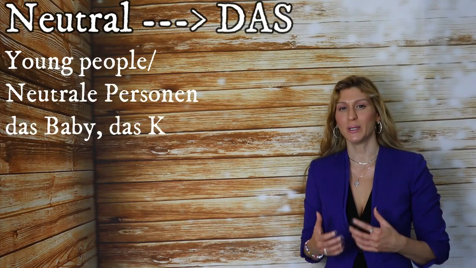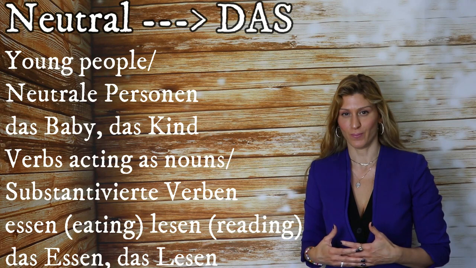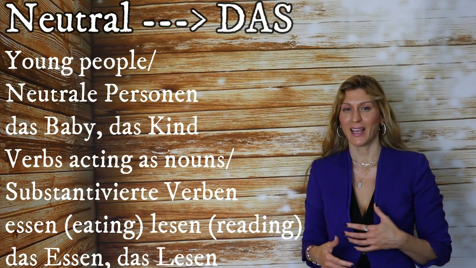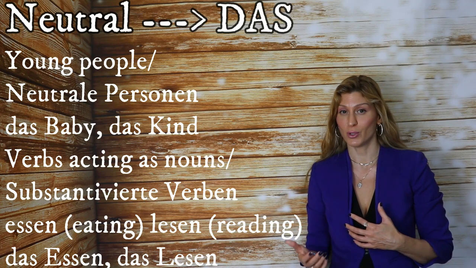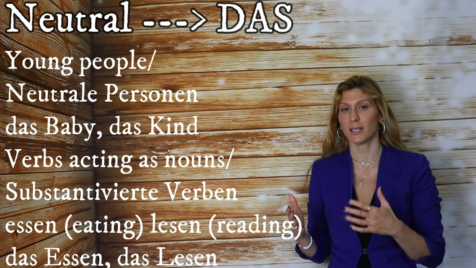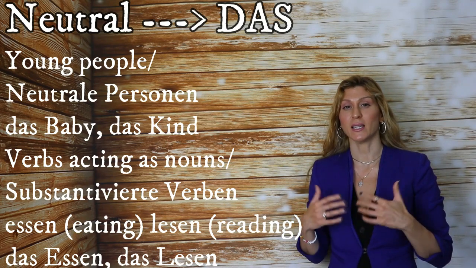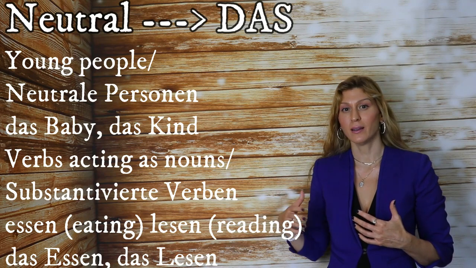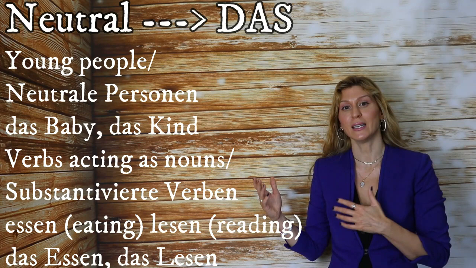So let's continue with neutral, neutral. As an example, young people und neutrale Personen, das Baby, das Kind. When a verb is acting as a noun, essen, lesen, das Essen, das Lesen.